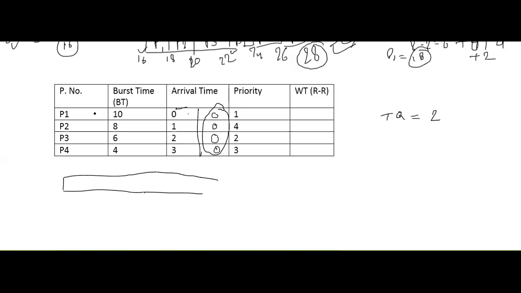Round robin says that which process I pick is purely on the basis of first come first serve. It is actually an extension of first come first serve. In first come first serve, if you deploy the concept of time quantum, it becomes round robin.